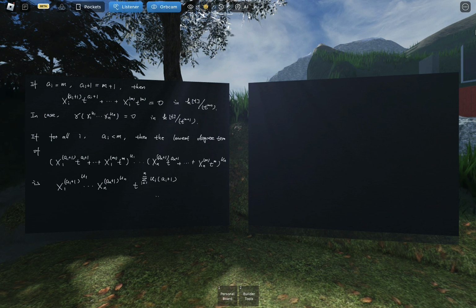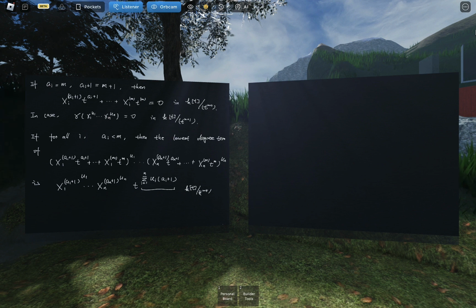And in order for the product to be zero in this ring, the degree of this has to be greater than or equal to n plus 1.